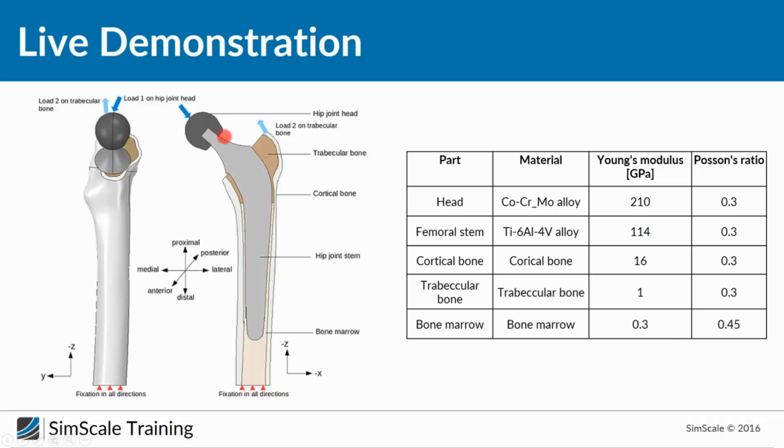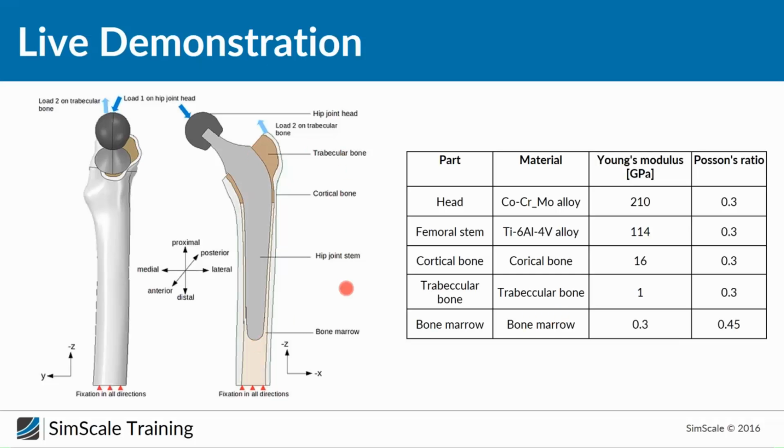And we will now create a simulation where we fixate, like in reality, this lower part of the bone, and then we put two loads, one load on the hip joint head and one load in the other direction on the trabecular bone. Both forces, by the way, were calculated based on what we know about the kinematics of human walking.